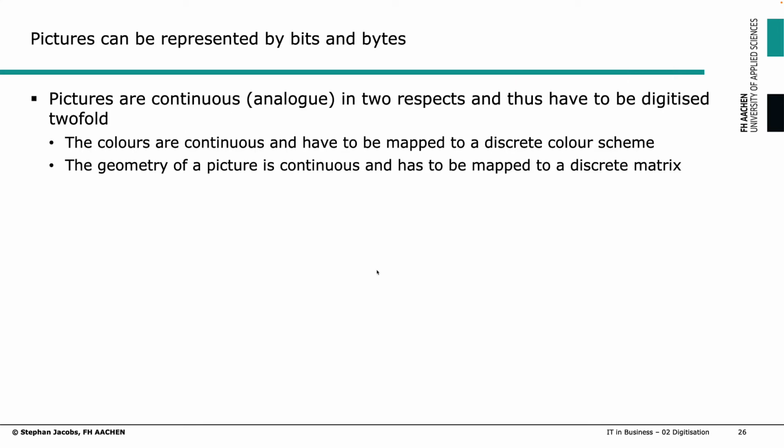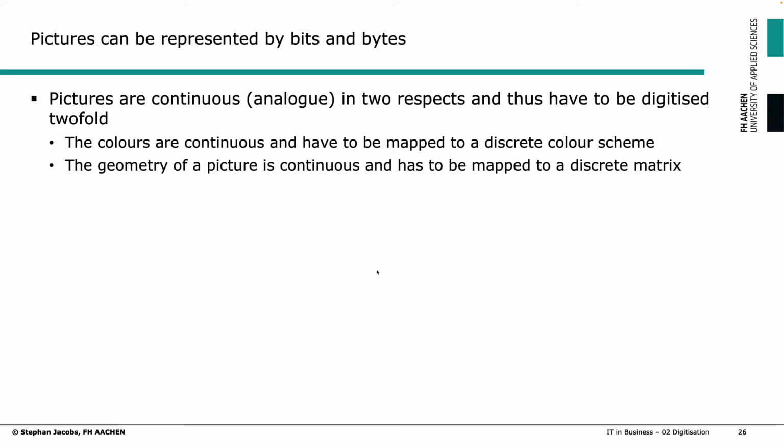Now let's move to pictures and how pictures are represented by zeros and ones, by bits and by bytes. It's actually a little bit more complex. Pictures are continuous, that means they're analog in 2 respects and thus have to be digitized twofold. The first is the color scheme.